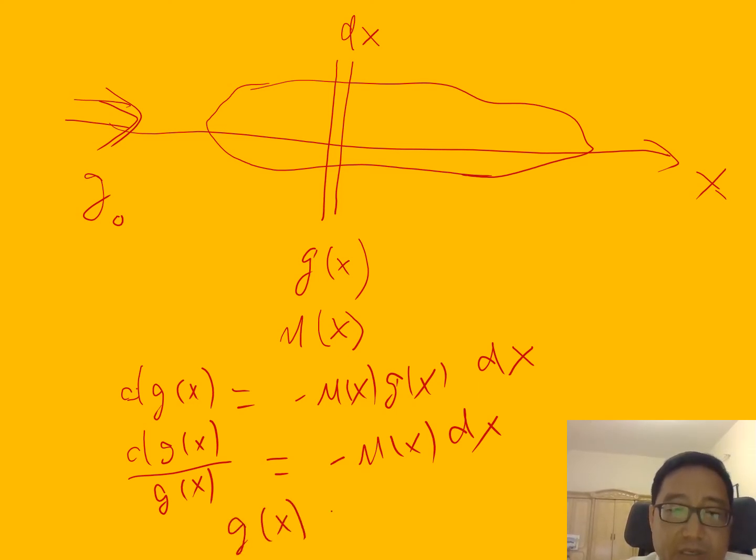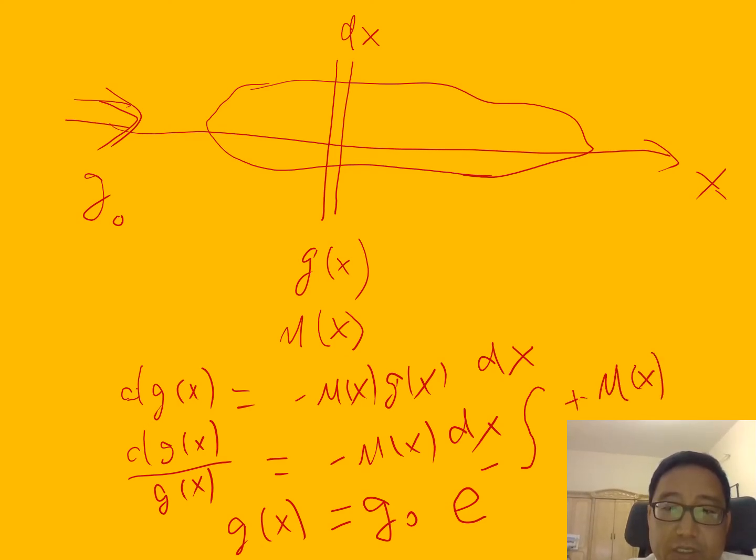G(x) equals G naught, which is the initial number of photons, times e to the minus the integral of the attenuation coefficient along the path dx, over this whole organ.